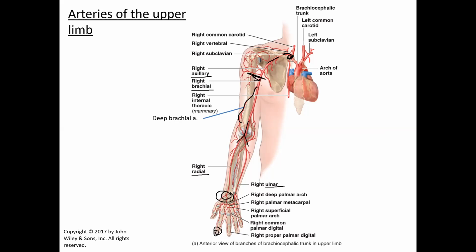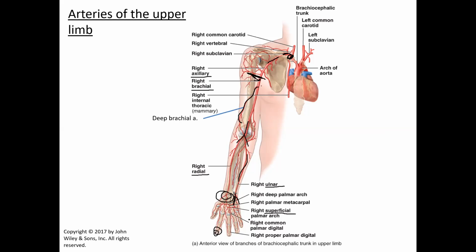The ulnar artery is running medially. It passes deep to the flexor carpi ulnaris muscle, and then it too will split to give superficial and deep branches once it crosses the wrist. These superficial and deep branches of both arteries are important because they're going to join together to form what's called the superficial and deep palmar arches.